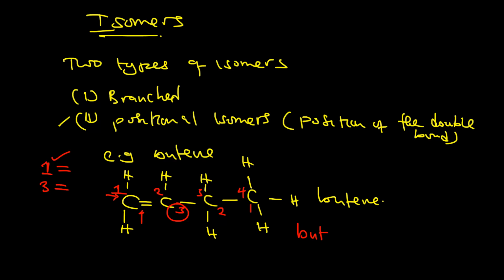So we write but, then a dash, the position of the double bond, 1, then ine. This is how but-1-ene is written. That is how you write it.